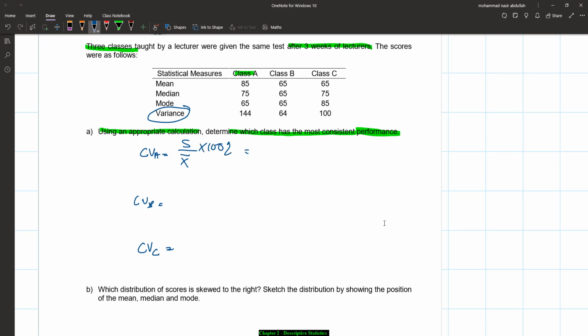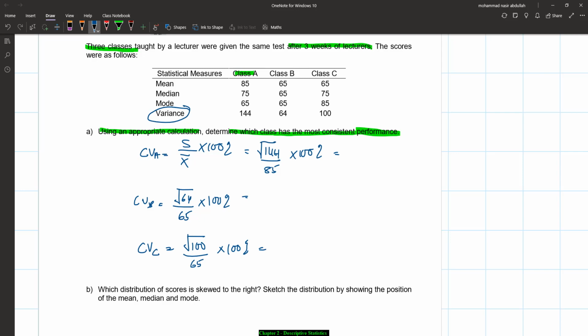So this one, square root of 144 divided by 85 multiplied with 100%. And this is square root of 64 divided by 65 multiplied with 100%. And this is square root of 100 divided by 65 multiplied with 100%.